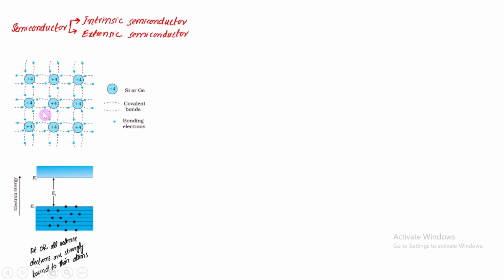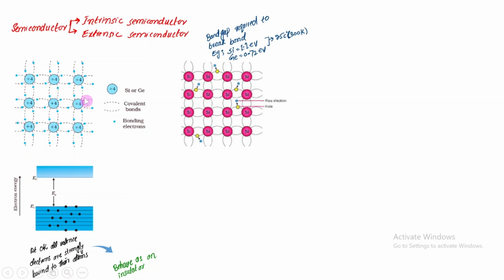Therefore at 0 Kelvin, this intrinsic semiconductor behaves as an insulator. We do not have electrons free for conductivity. Now what will happen if we provide external heat to this material?